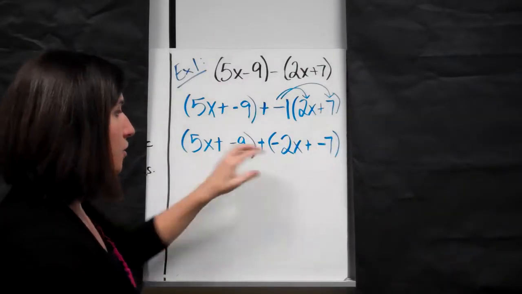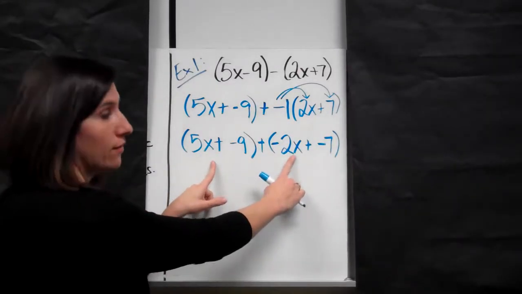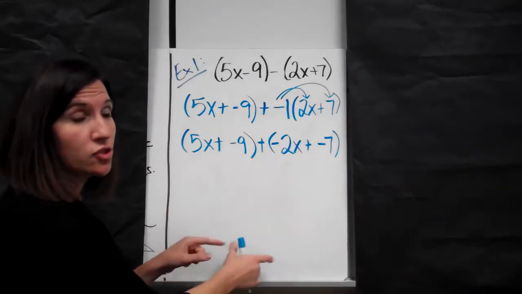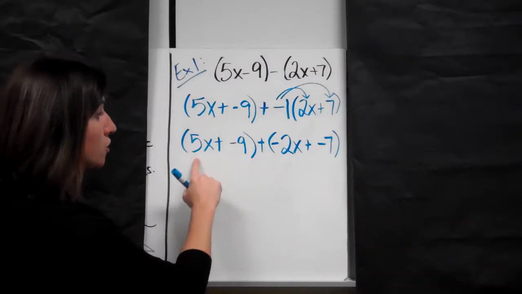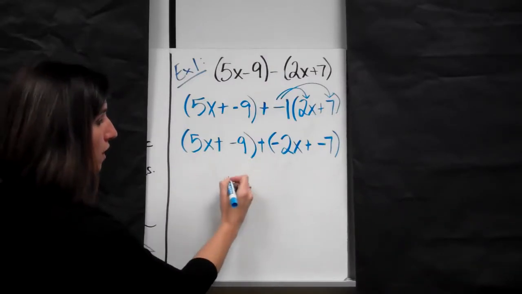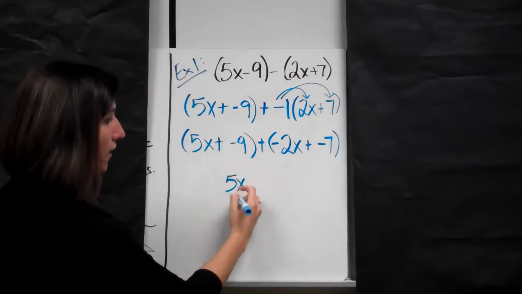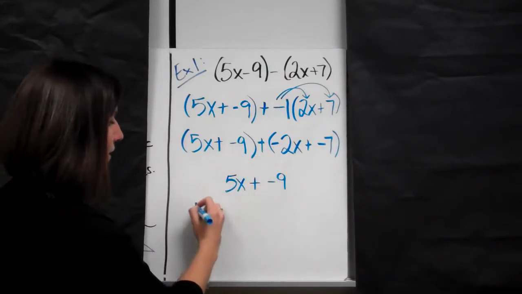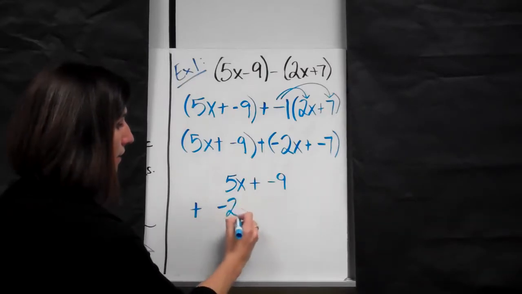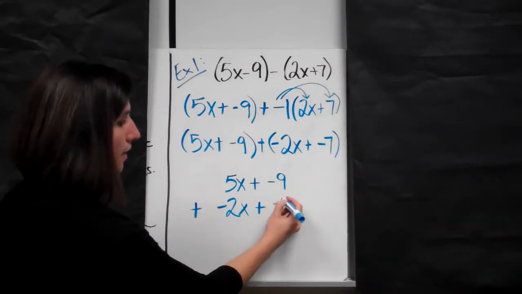Once I have it situated where I distributed that negative, I'm going to rewrite it going up and down, just like we did when we added the algebraic expressions. So I'm going to write this first quantity on top, so 5x plus negative 9, and I'm going to add negative 2x plus negative 7.